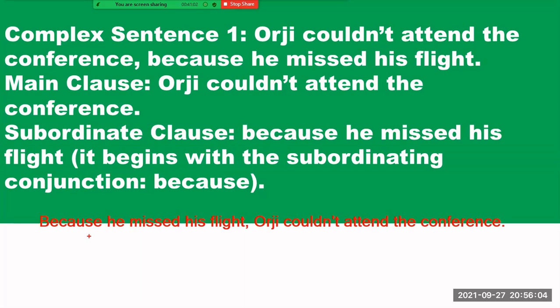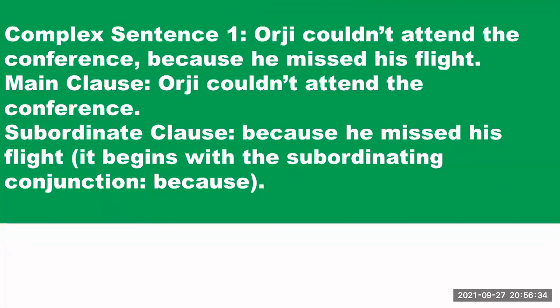We can restructure the sentence, and even when we restructure the sentence, the only implication here is that the subordinate clause comes first, all right, and then the main clause comes in the final position. All right, so that's exactly the difference. Okay, that's the difference.